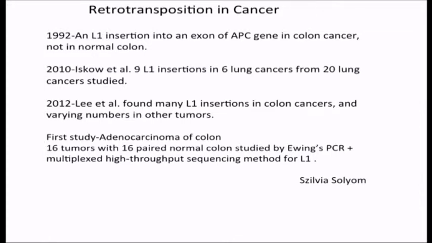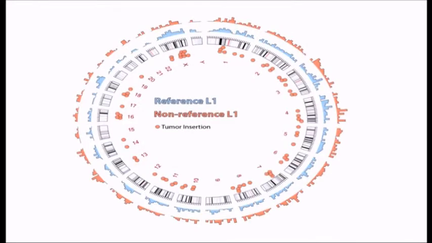And our first study, done by Sylvia Shoyam, was in adenocarcinoma of the colon, and she looked at 16 tumors with 16 paired normal colons studied by this high throughput multiplexing technique. And she found over 70 insertions. These were L1 insertions that were somatic insertions, validated by PCR and sequencing.